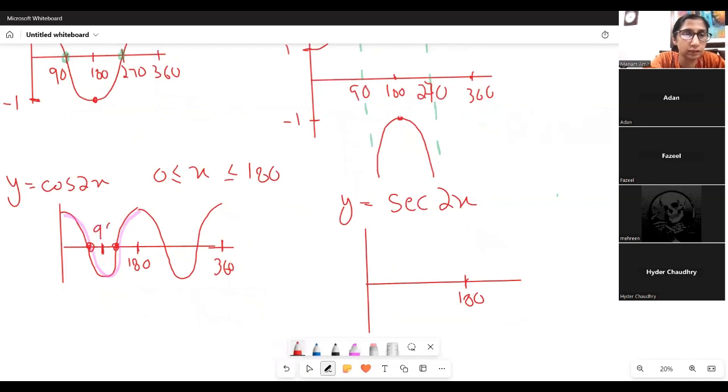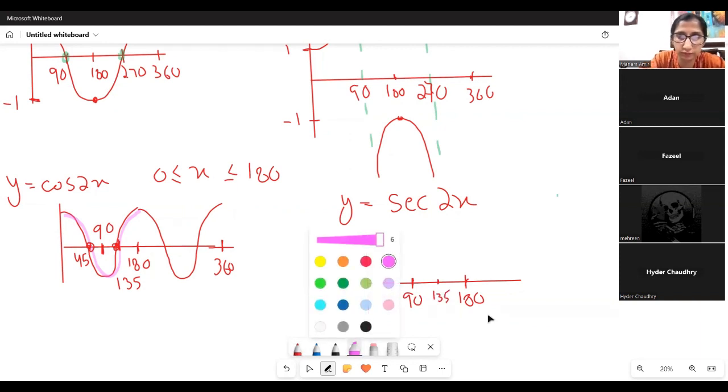This would be 90. That would be 45. And what is this? 135. 90, yes, 135. So when we have an asymptote at 45, this is 90. In between that is 45, and in between these two we have 135. Okay, so two asymptotes at 45. Where it was 0 on the cos graph, that becomes an asymptote in the secant x graph.